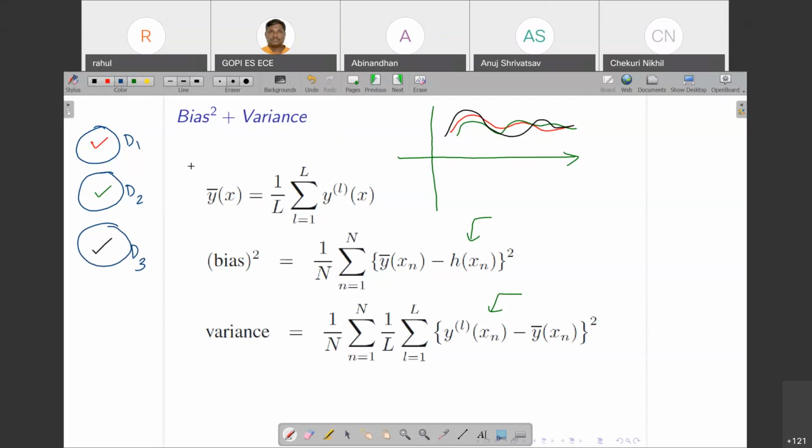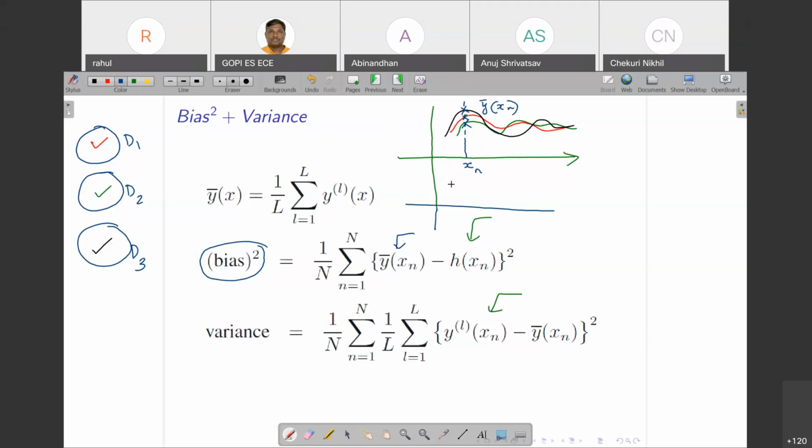Now what is the bias square? You have to take this averaging over these curves, averaging over every point, say for example xn, and you take the average of these three. That one we call y bar of xn. But you know what is expected at xn.